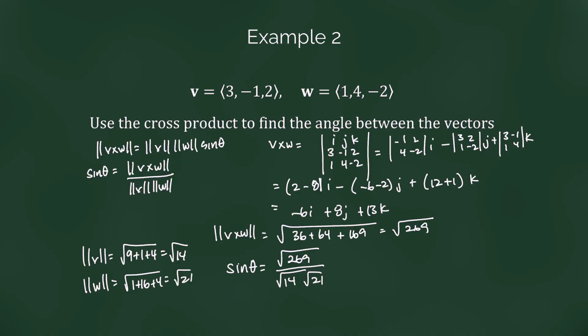Getting out my handy dandy calculator here. I am getting that the sine of theta is 0.9565, which means that theta is going to be the inverse sine of that number.